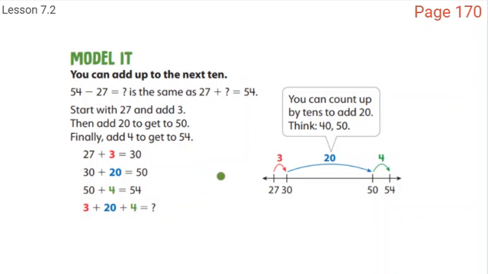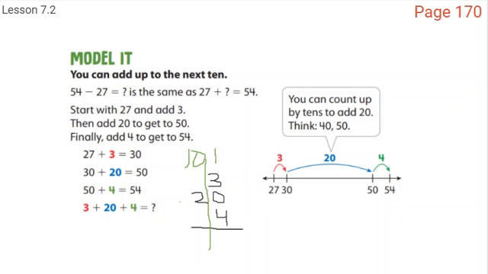Well, let's write it down into the equation. So I have 3, 20, and then 4. Notice again how I'm lining up the ones. I'm going to split that again, draw that line. Put my 1 over here and my 10 over here to remind me that these are ones and these are tens.